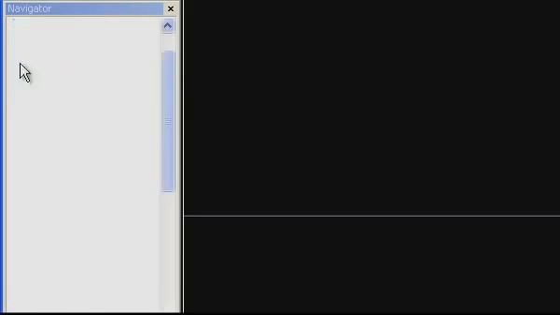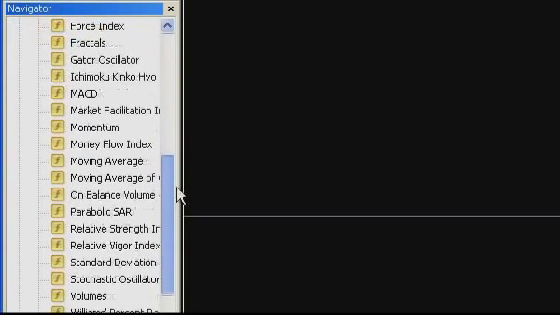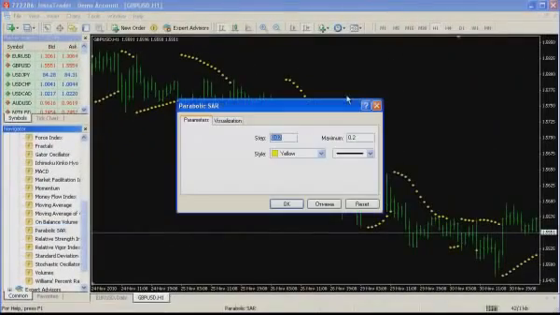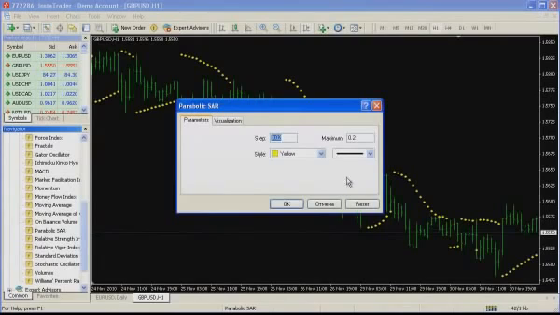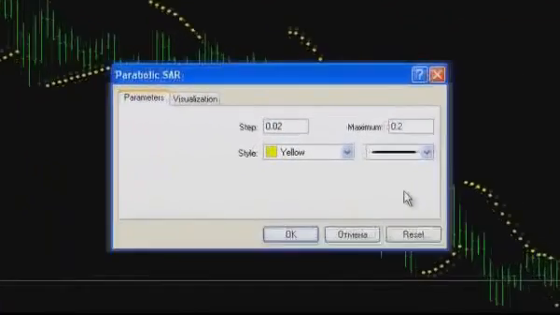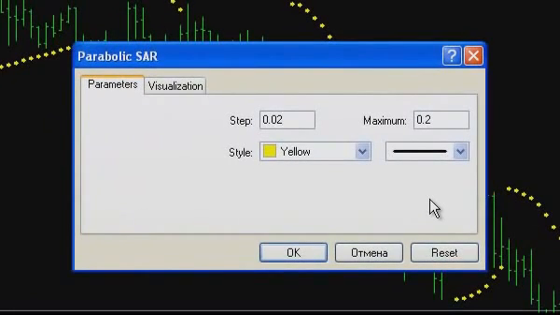To do this, you need in the menu of Navigator panel to open the list of indicators, choose parabolic SAR and move it with the help of the mouse on the chart, or click on it twice using the left button of the mouse. In both cases, the dialog window with the indicator's parameters appears on the screen. These parameters can be left unchanged, adjusted manually, or standard settings can be restored by pressing Reset button.